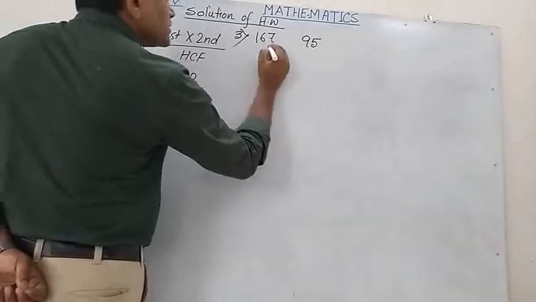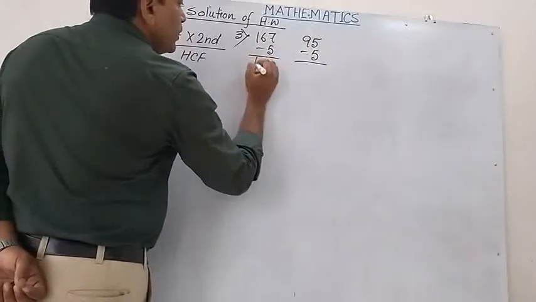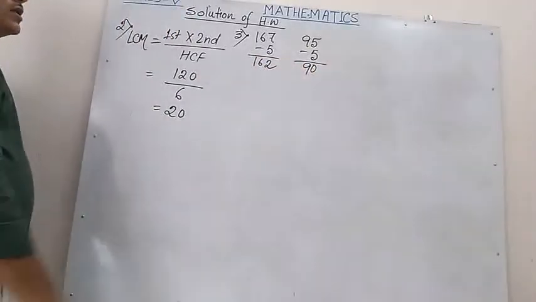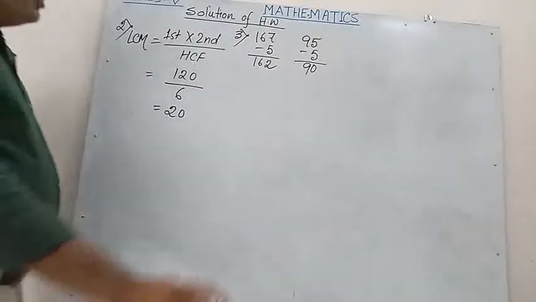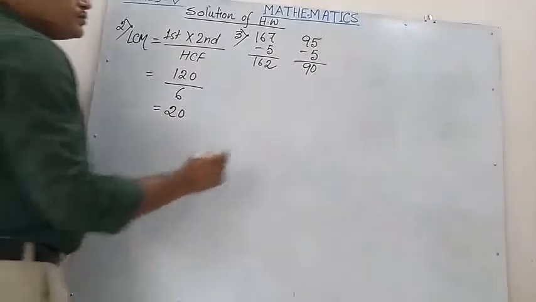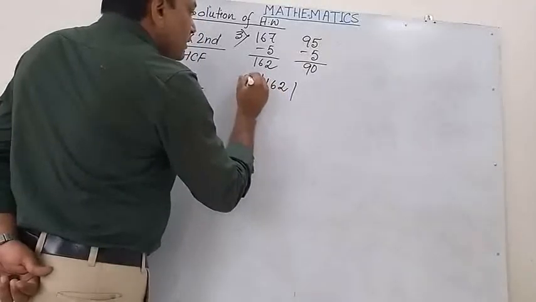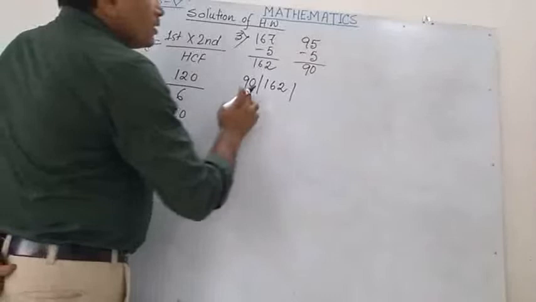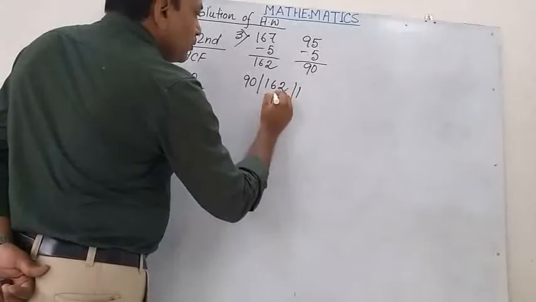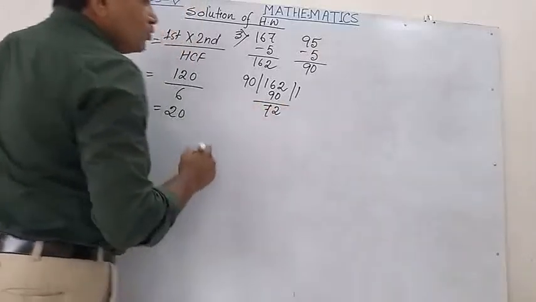At first, subtract 5 from both of these. So you will get 162 and 90. Then we have to find the HCF of these two numbers, that is the HCF of 162 and 90. 90 ones are 90, remainder 72.